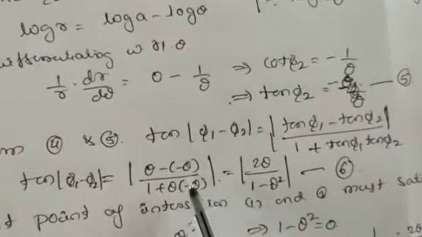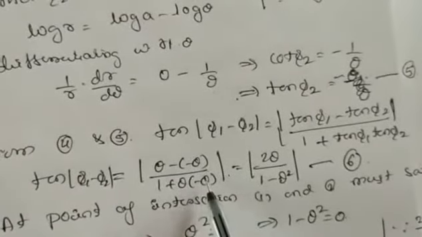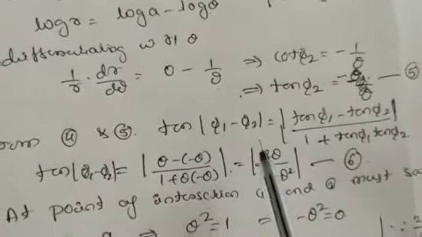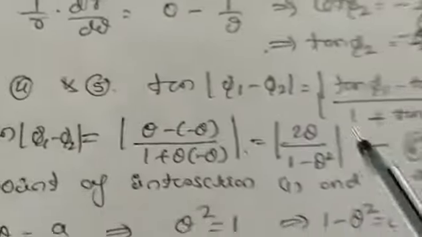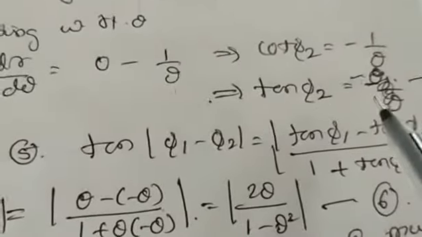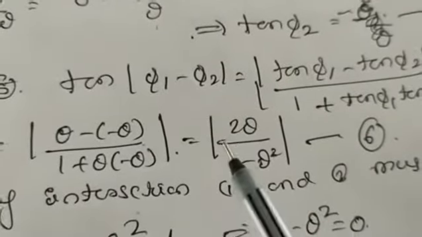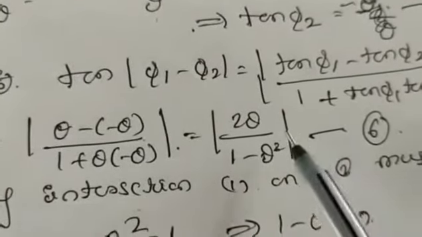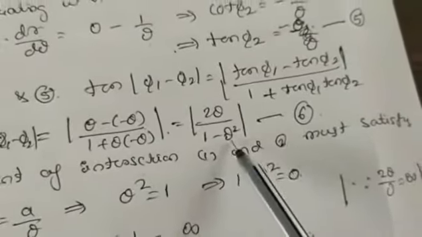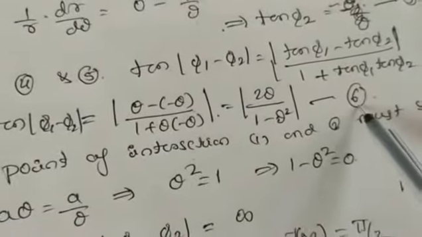That is, minus of minus theta divided by 1 plus theta into minus theta. In the notes I made a mistake here, I had taken 1 by theta; correct it as minus theta. So this is theta plus theta, 2 theta, divided by 1 minus theta square. Take this one as equation number 6.